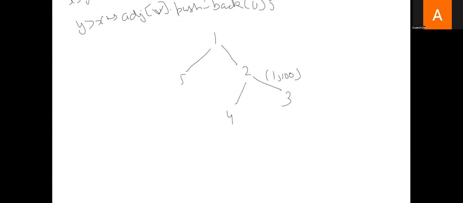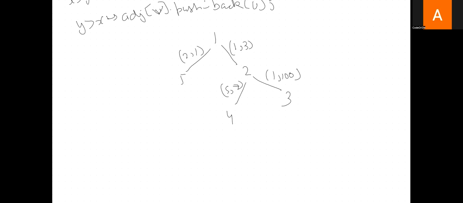Let me see. 1 2, 1 3, 1 5, 2 1. Okay, so this is X, this is Y, this is X, this is Y. So don't get confused here. 2 4 5 7, and 2 3 is 100. Okay. So this was the case.